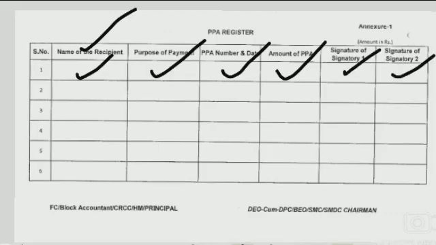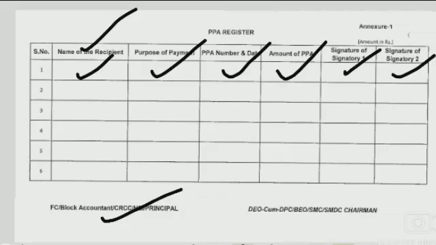Signature of signatory 1, signatory 2, that is the signature of the HM, headmaster, and signature of the SMC chairman. You have to put all this. Here the block accountants will verify it, then send it to the DPO. Here you have to give all the component-wise details of how many PPAs you have generated throughout the year, and this document you have to submit with the UC.